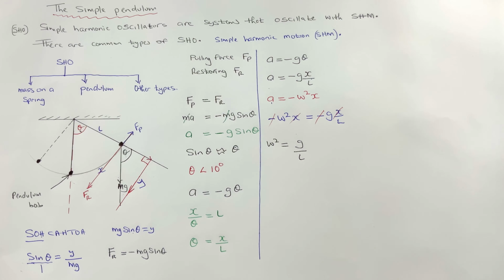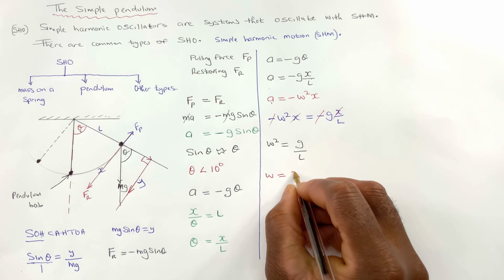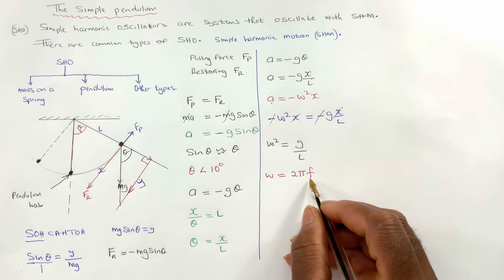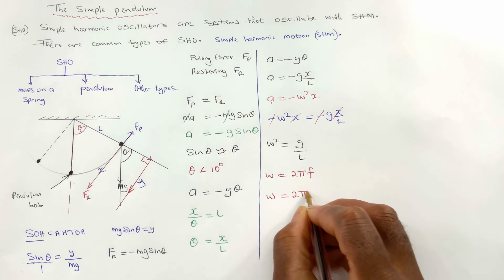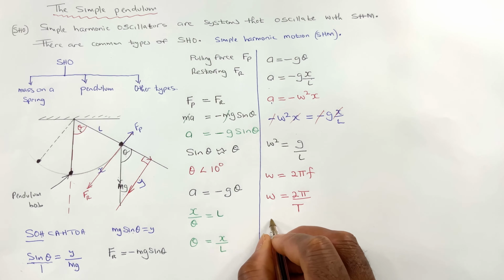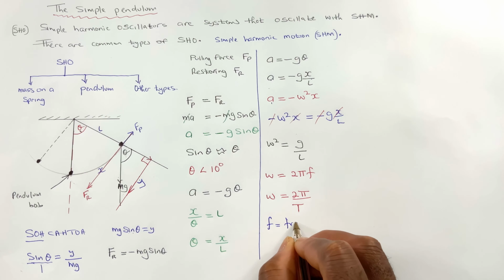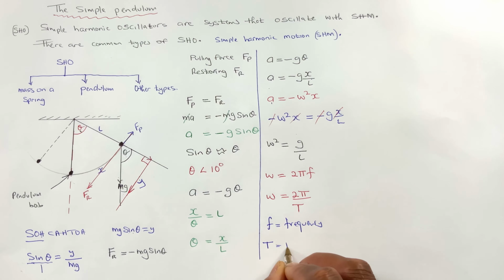Because I'm also experiencing simple harmonic motion, I also know that omega can be written as 2 pi f, where f is the frequency, or omega can be written as 2 pi over T, where T is the period. So we can say f equals frequency and T equals period.